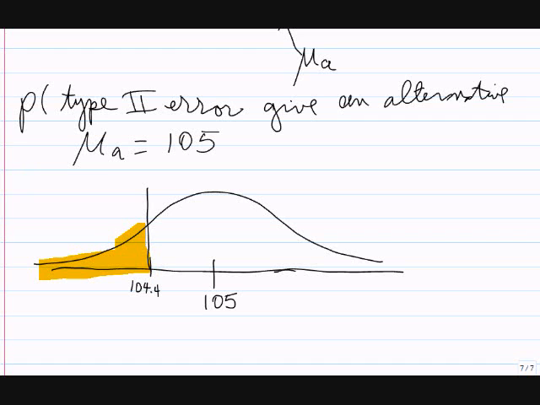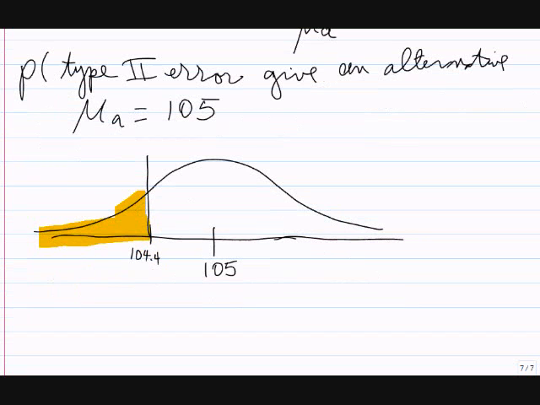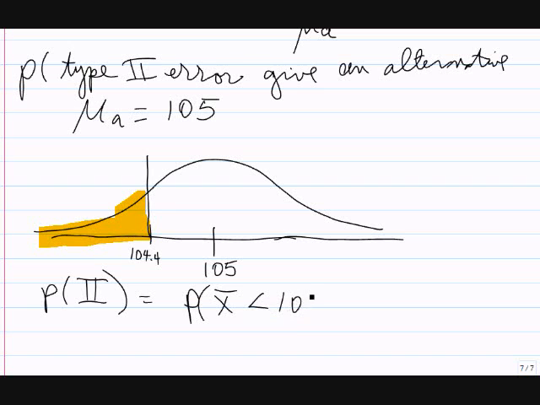So if I fail to reject, that's when I'm making the type 2 error, and I fail to reject against some other mean here of 105. So my probability of my type 2 error is going to be the probability that my sample mean is less than 104.5.